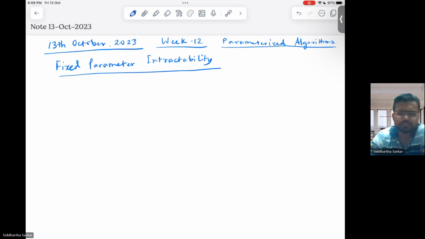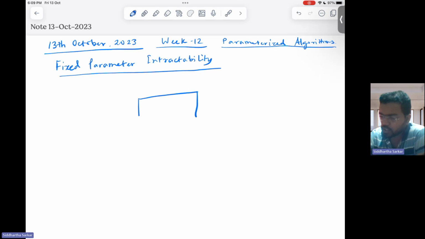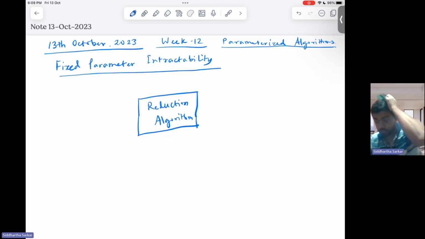So a parameterized reduction algorithm is an algorithm that takes as input an instance x comma k of a problem A. Let me draw it. So here is a schematic diagram of parameterized reduction. This is the reduction algorithm. You feed to the reduction algorithm an input x comma k.